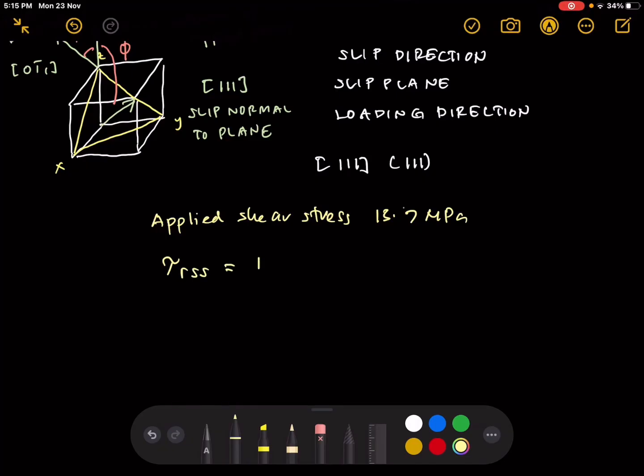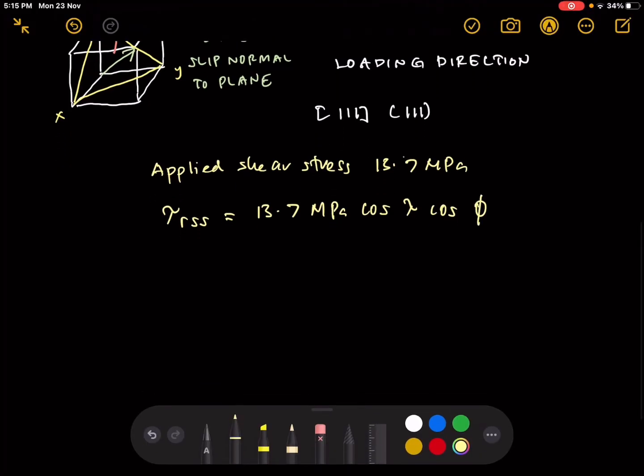We have 13.7 megapascal, the applied stress, times cos lambda times cos phi. So we can write it down like this.